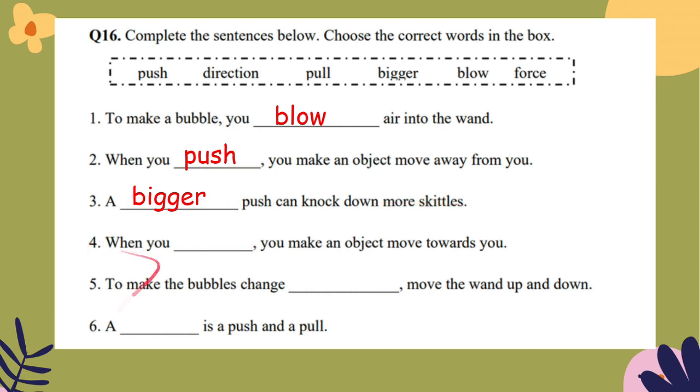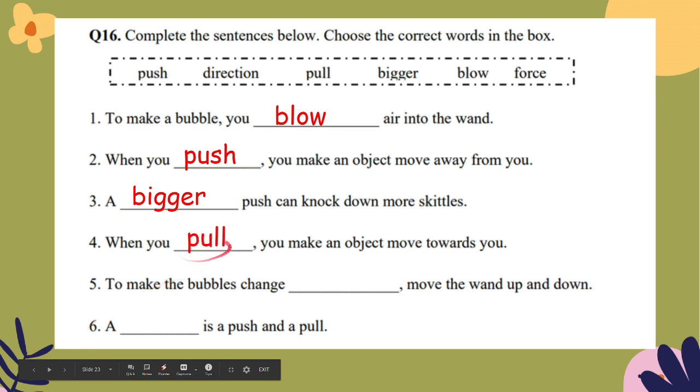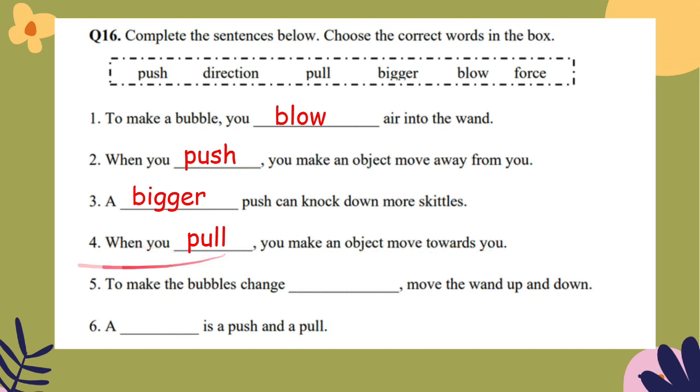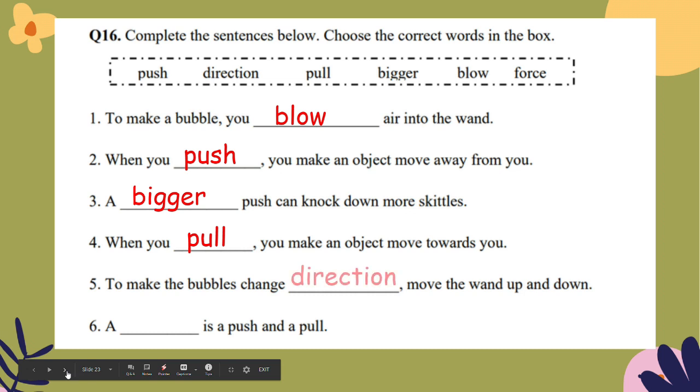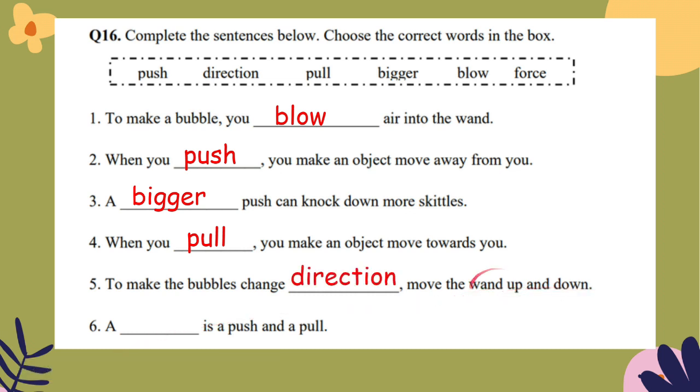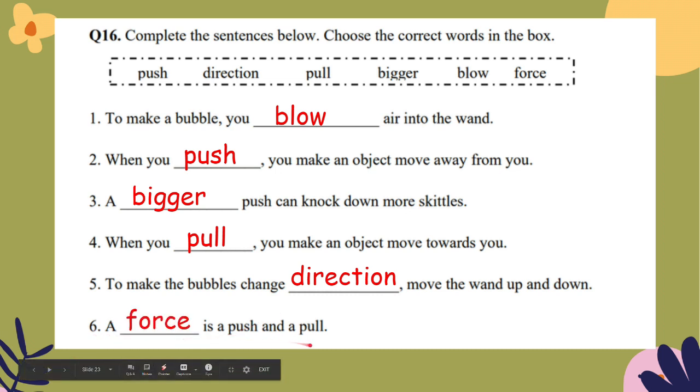Number 4, what do you think here? Pull, you make an object move towards you. Okay, so the answer here is pull. Number 5, to make the bubbles change direction, move the wand up and down. And 6, a force is a push and a pull.